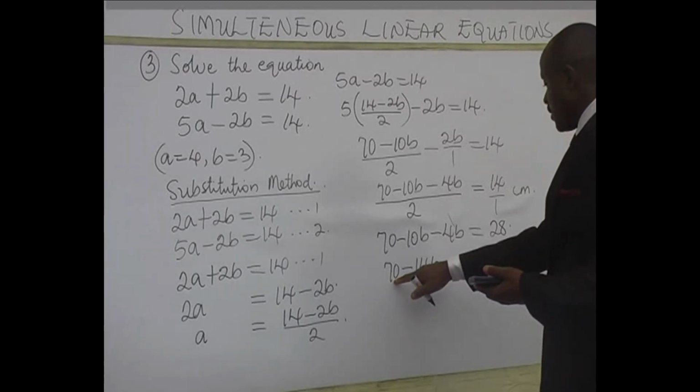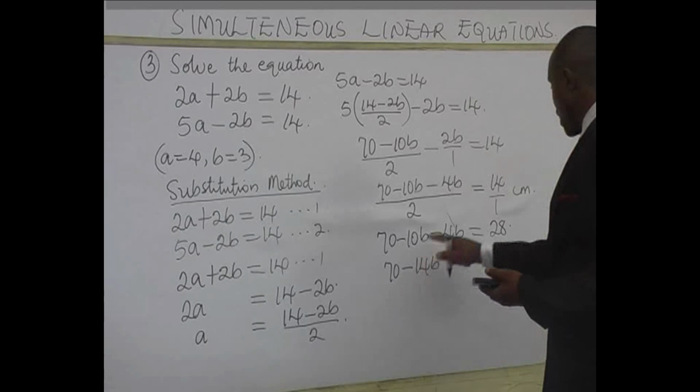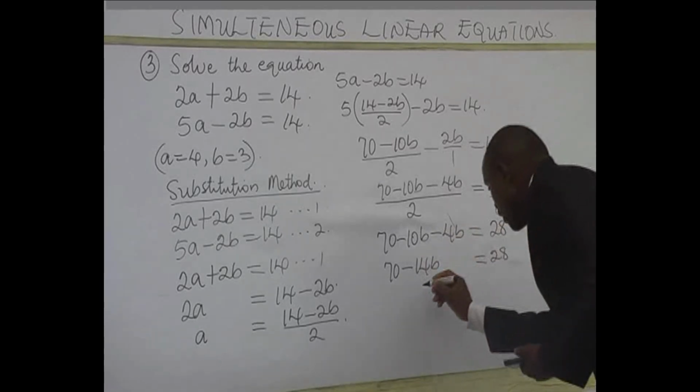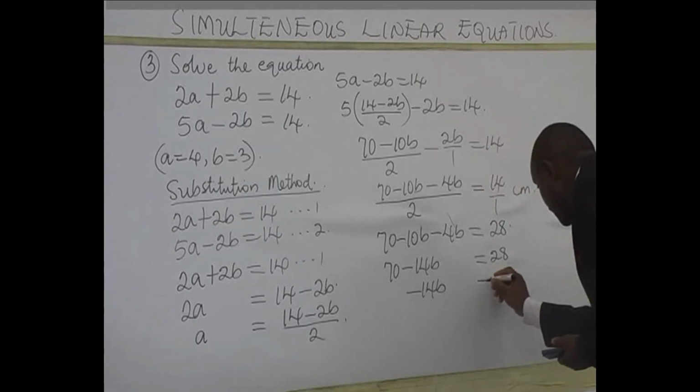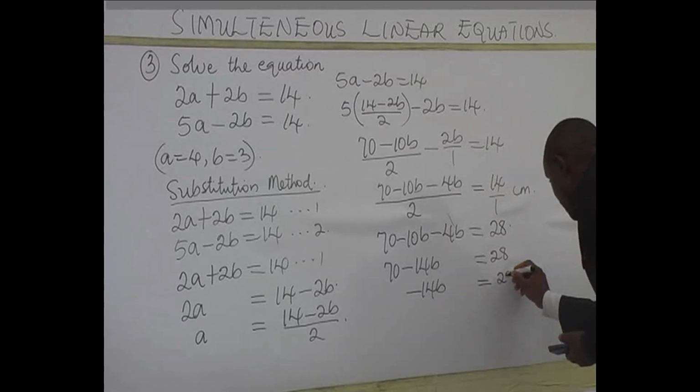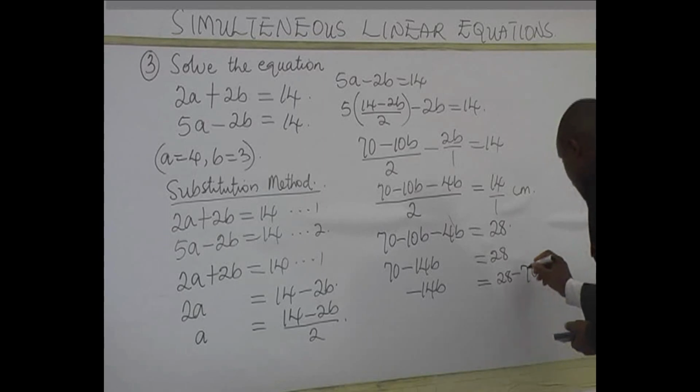Move 70 from the left hand side of the equation to the right hand side to change to minus. You'll be left with only minus 14b in the left hand side. It's going to be equal to 28 minus 70.